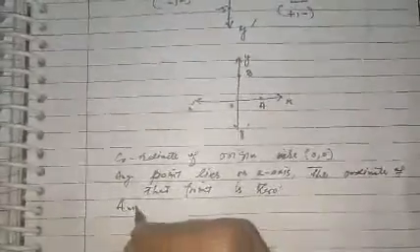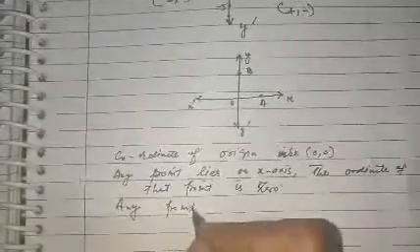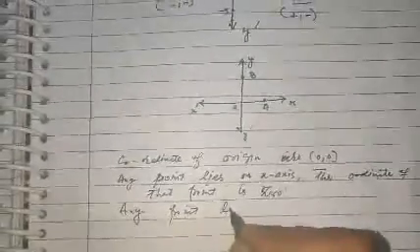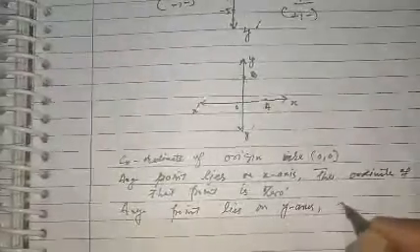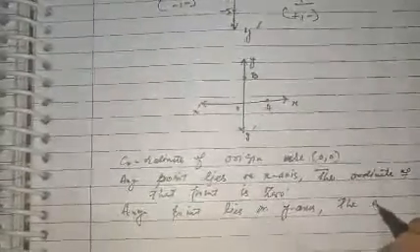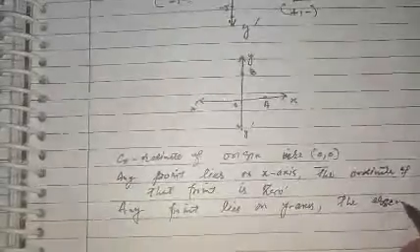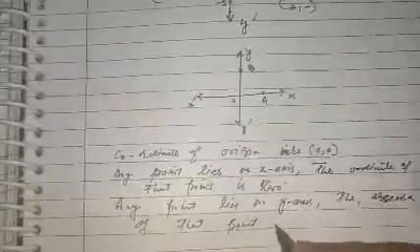Any point that lies on y-axis, the abscissa of that point is 0.